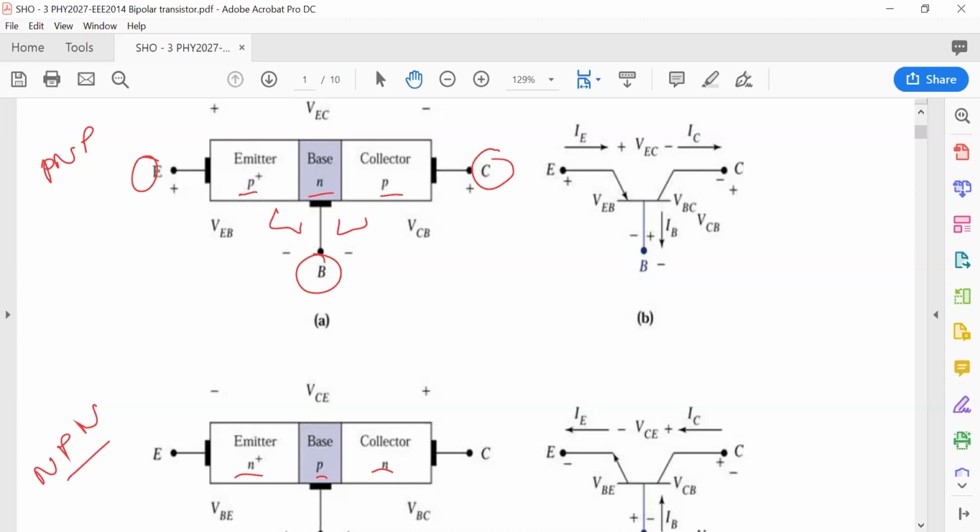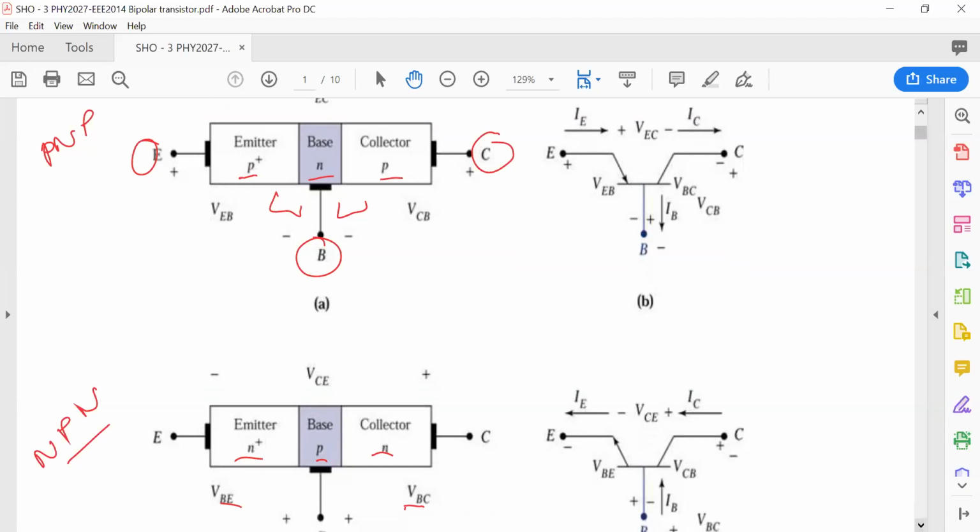So if we just focus on the NPN, normally the devices can operate with different voltages applied to each of the junctions and have different benefits, but we normally talk about these bipolars being in forward active mode, whereby the emitter-base junction is forward biased and the collector-base junction, between the collector and base region, is reverse biased.